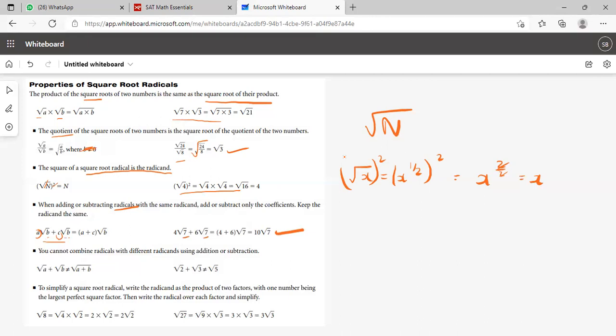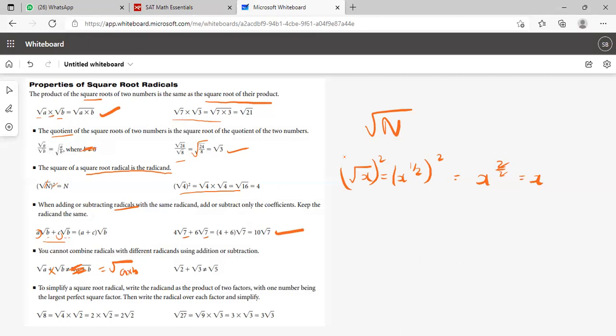Yes, ma'am. Okay. You cannot combine radicals with different radicands using addition or subtraction. We could have done this in case of multiplication, just like we did over here. But be very clear, this rule was for multiplication and division.